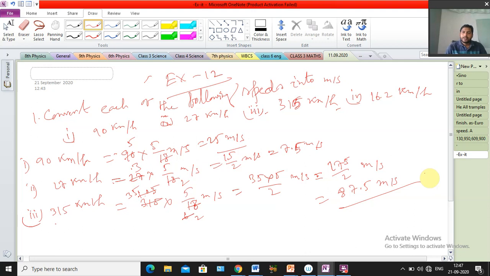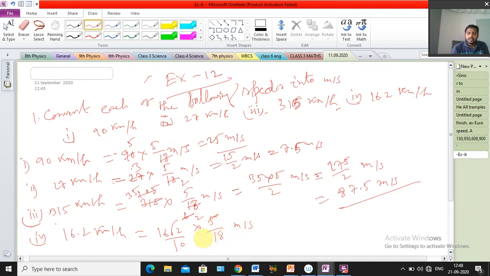Okay, next, the last one, number 4, 16.2 kilometer per hour given here. Just change it. So 16.2 into 5 by 18. Remove the point. If we remove the point, we get 10 in the denominator, and the unit will be meter per second.